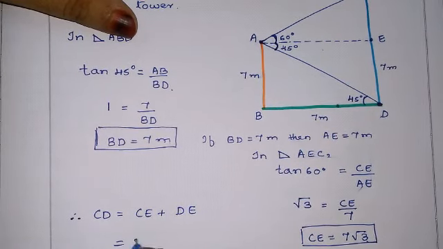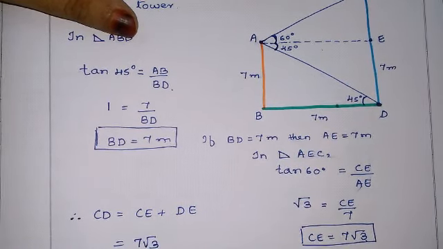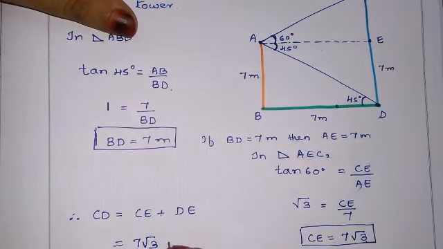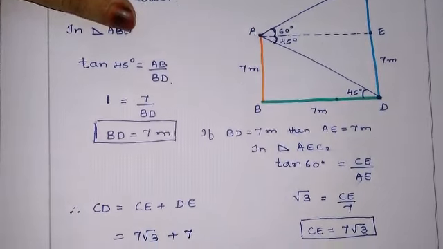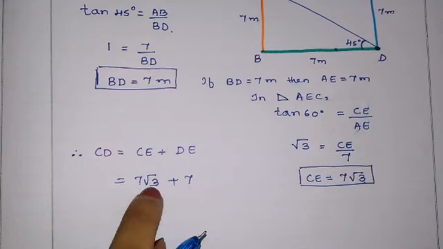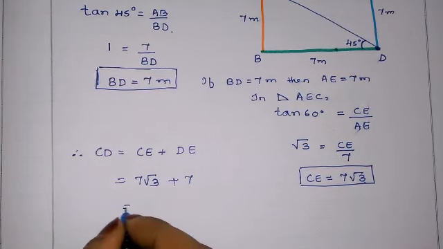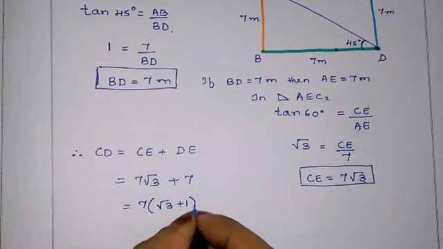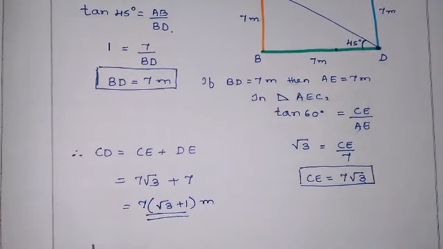CE value is 7 root 3, which we just found here, and DE we know is 7, so 7 root 3 plus 7. Now in the plus, they are not like terms, they are unlike terms. So 7 is common, 7 times root 3 plus 1. This is the answer.